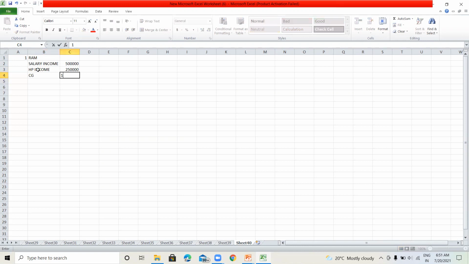Capital gain, 1,75,000. Business income, 1,25,000, and other sources, 75,000.